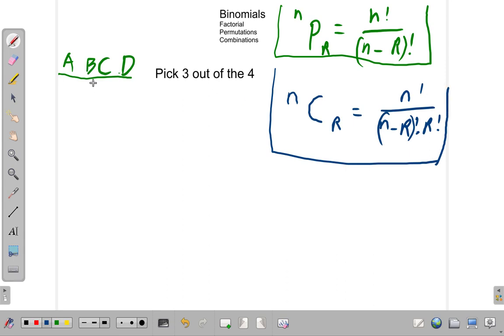A, B, C, D. We choose 3 out of the 4. What happened before? We said that according to the formula, 4P3, 4 available, we choose 3 to arrange, would be 4 factorial divided by 4 minus 3 factorial.